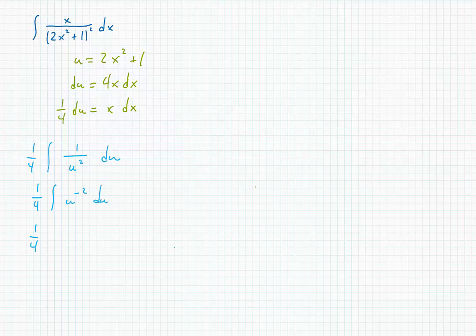That's 1/4 times -1 u to the -1 plus c, which we could write as -1 over 4u plus c, or -1 over 4 times 2x squared plus 1 plus c.